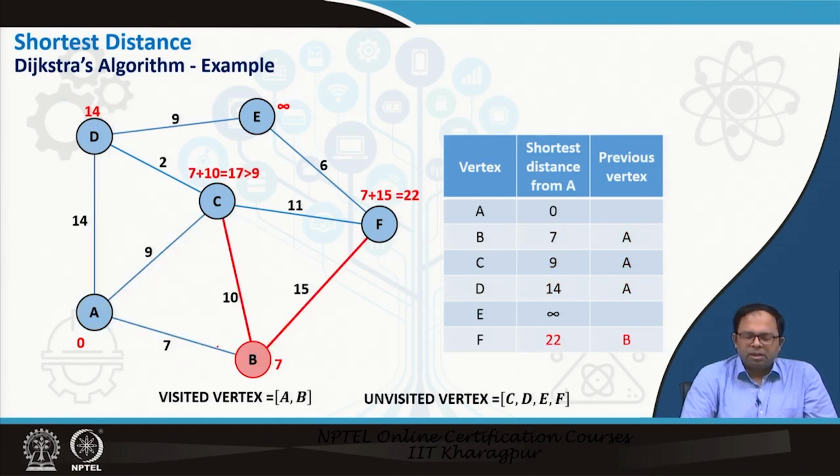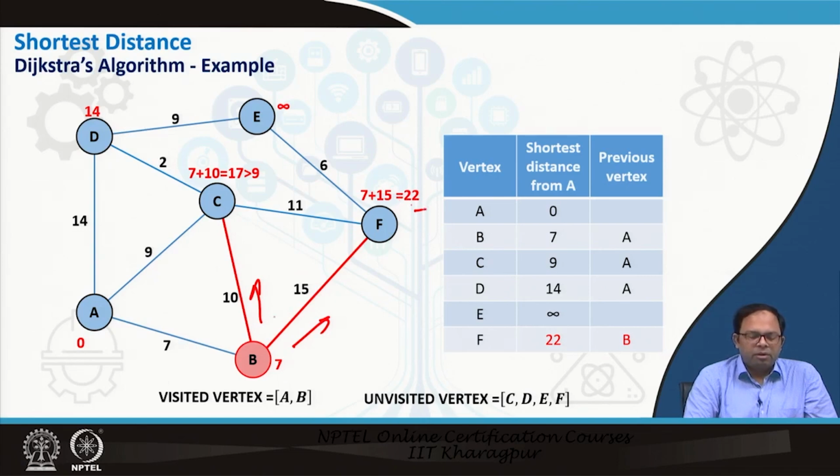So, in the next step, because 7 is the shortest, we will choose 7. From 7 we can go in 2 directions, we can either go here or we can go here. So, we now have this new impedance computed, which is impedance till B plus the new link impedance. So, 7 plus 15, which is 22, which is less than infinity.